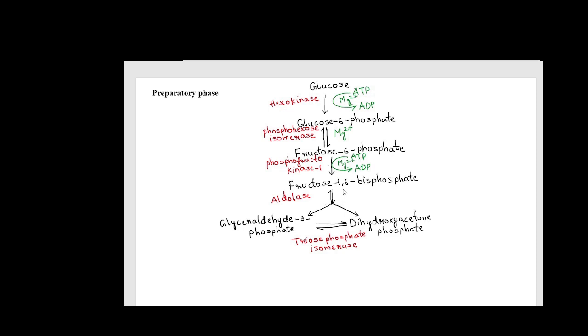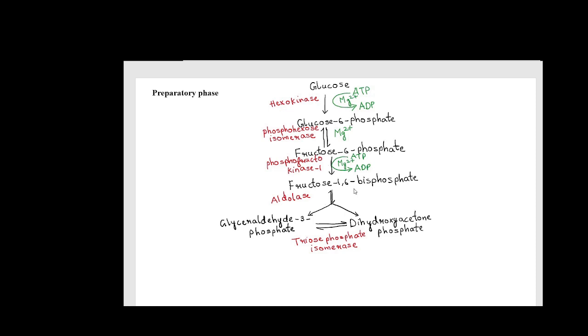Then next, fructose 1,6-bisphosphate is cleaved into 2 triose phosphates by the enzyme aldolase. The first triose phosphate that is formed is glyceraldehyde 3-phosphate and the second triose phosphate is dihydroxyacetone phosphate. Here there is one point. Till fructose 6-phosphate is formed, it can enter into any other cycle apart from glycolysis.